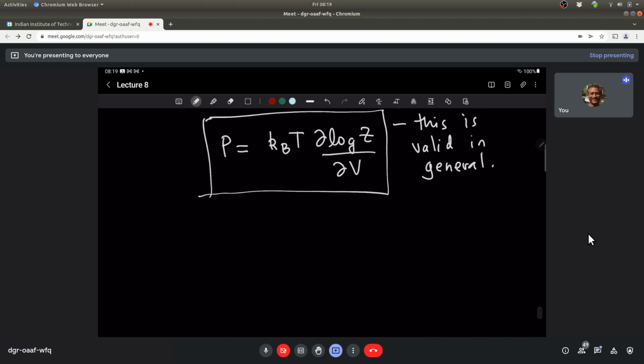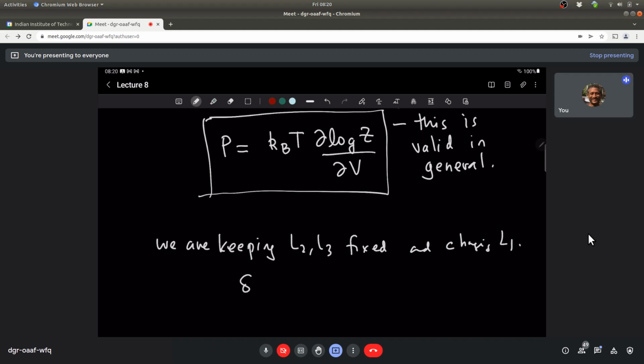In this case, when you're looking at a particular wall, we are keeping L2, L3 fixed. We are not changing them. We are changing L1. So what I'm saying here is that delta V in that instance is L2, L3. Got it, sir. Good. Keep asking.